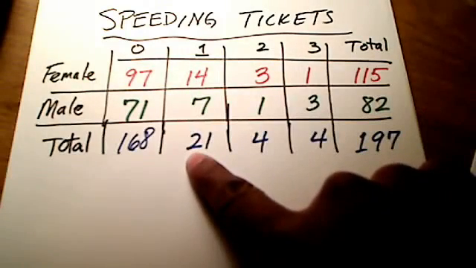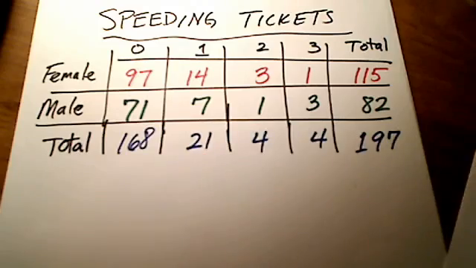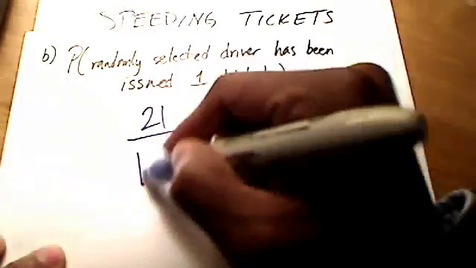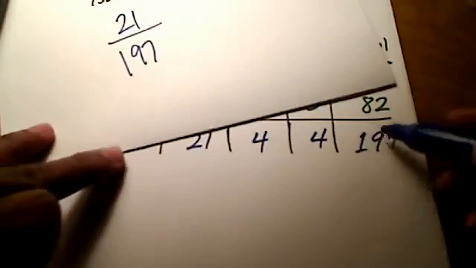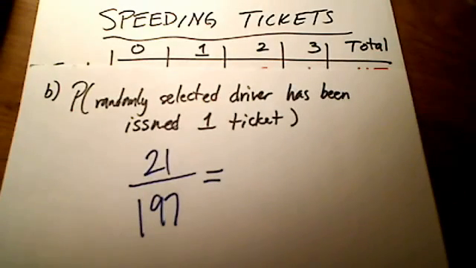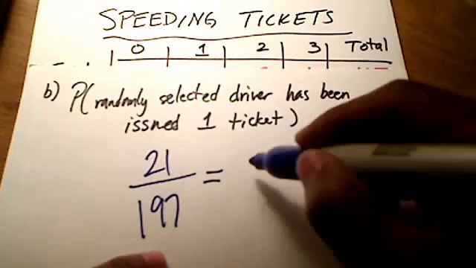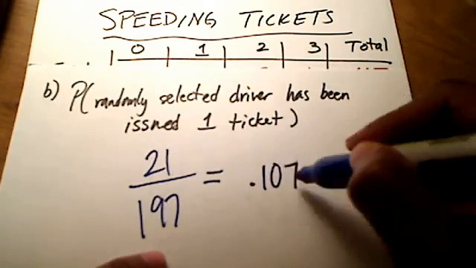There were 21 people who had just 1 ticket issued, so it's going to be 21 out of our same old total of 197, which is right there. And we have a different percentage this time. 21 divided by 197 gives us, if you round to 3 decimal places, 0.107.